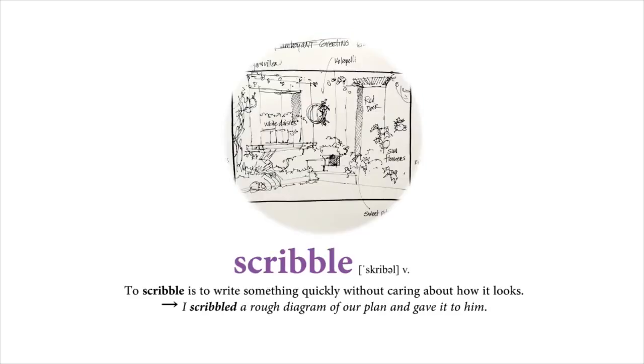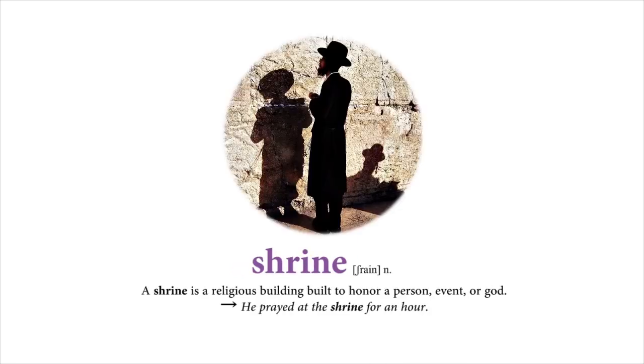Scribble. To scribble is to write something quickly, without caring about how it looks. I scribbled a rough diagram of our plan and gave it to him. Shrine. A shrine is a religious building built to honor a person, event, or god. He prayed at the shrine for an hour.